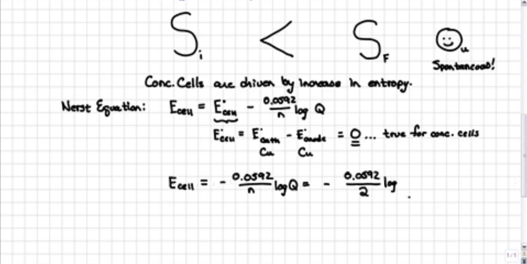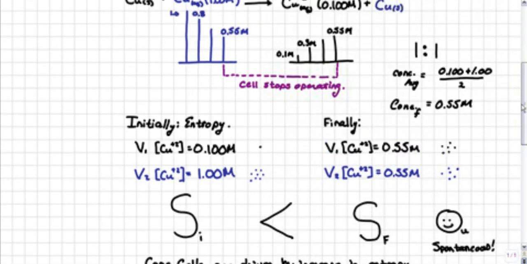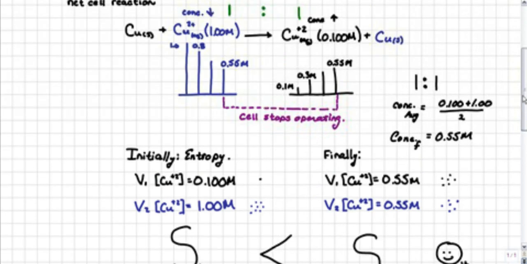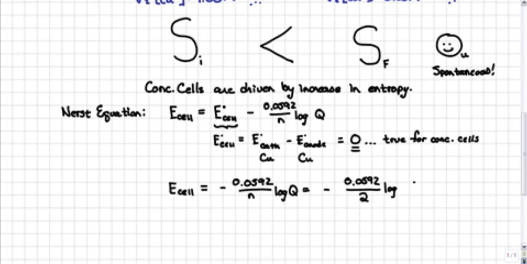It needs to be the product ion concentration, so I'm going to just take a peek up here really quick to have another look. The product ion concentration was the 0.100 molar concentration, and so this should be 0.100 molar. That's the copper ion concentration that we've referred to as the product ion concentration, and the reactant concentration was 1.00 molar, just like that.